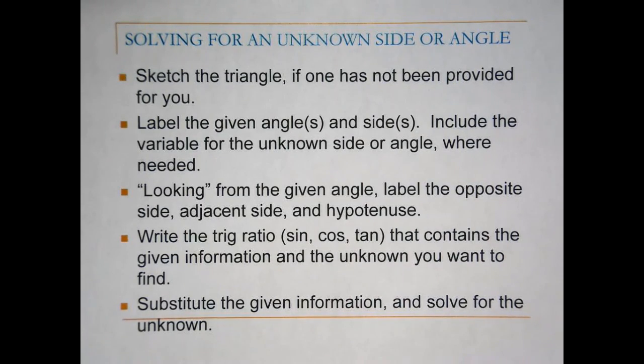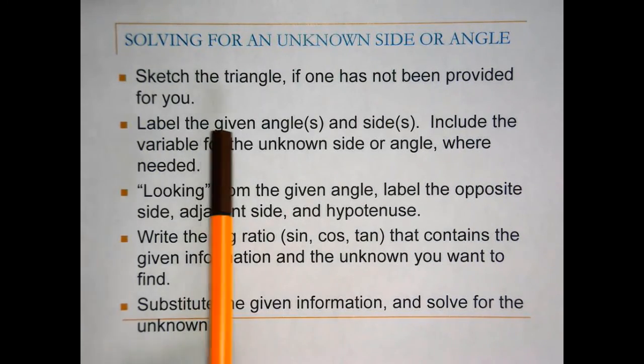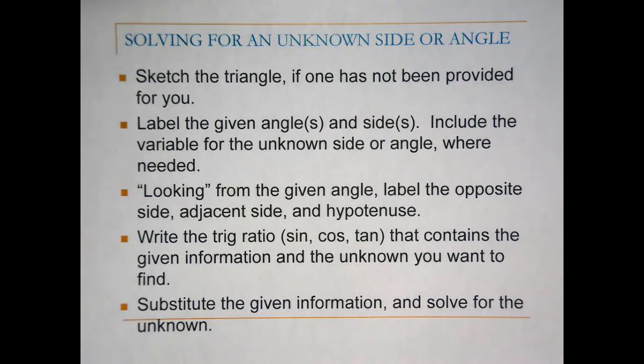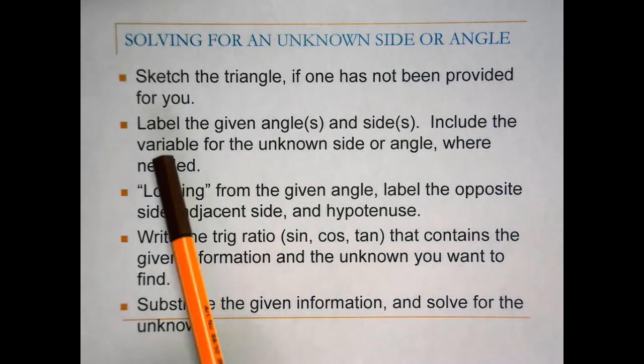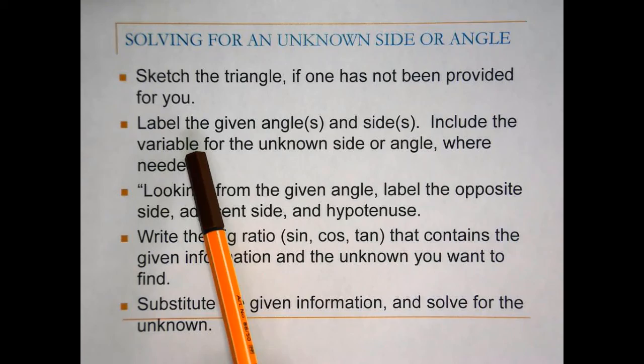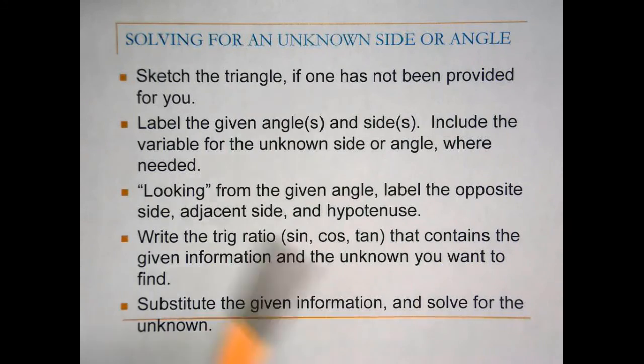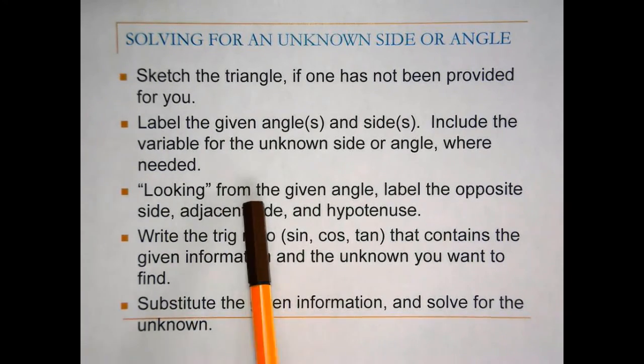So that's number one. Then you have to label everything. Every given angle and given side, you have to label them, and you also have to give names to your vertices and sides. So you give variable names to the sides of your triangle, and then you have to find what is unknown.